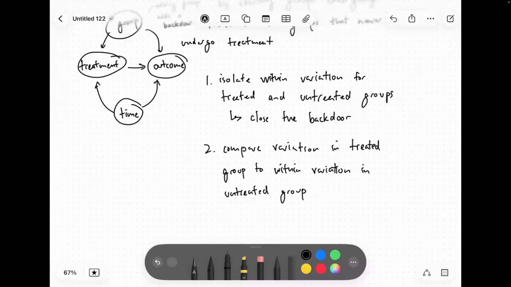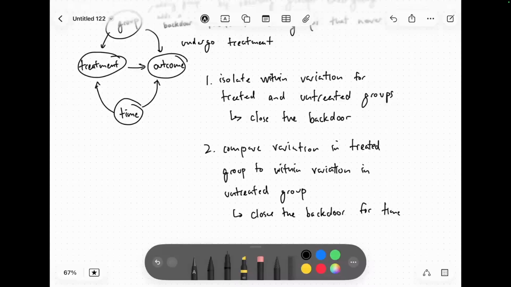You have an untreated group, and you observe what happens before and after the intervention, essentially like a control group. And that helps to close the backdoor for your time differences. Closes the backdoor for time.